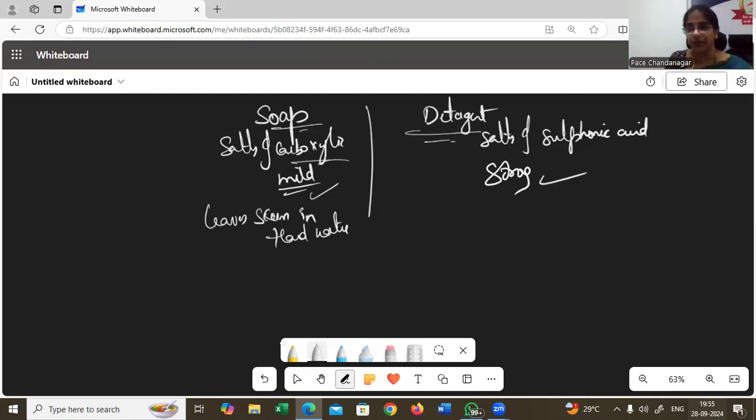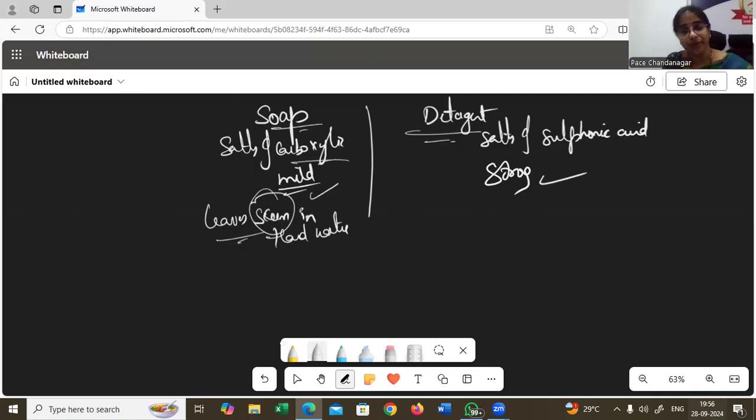If it is groundwater, not the pure drinking water supply, it has more salts dissolved. Soap is mild, so these salts cannot get dissolved by soap and they come out as traces. That is called scum.